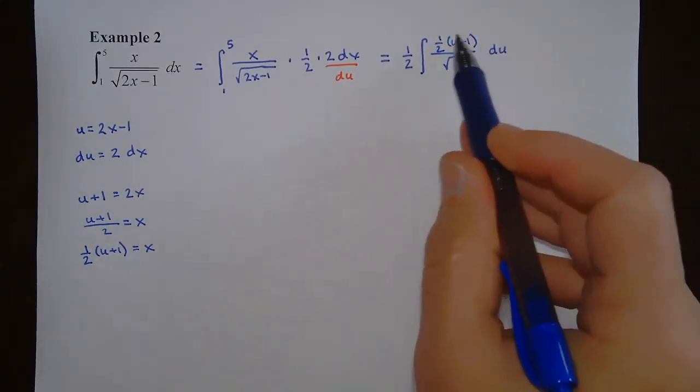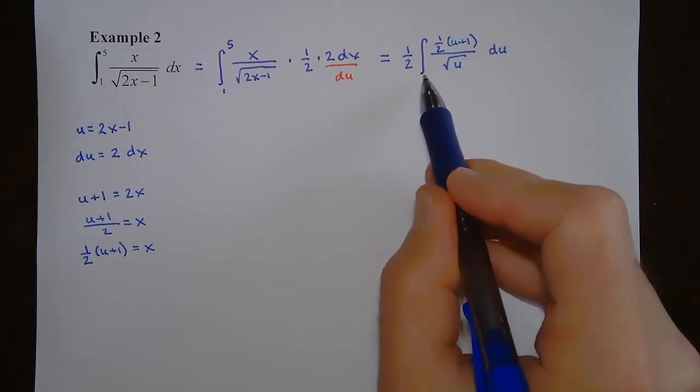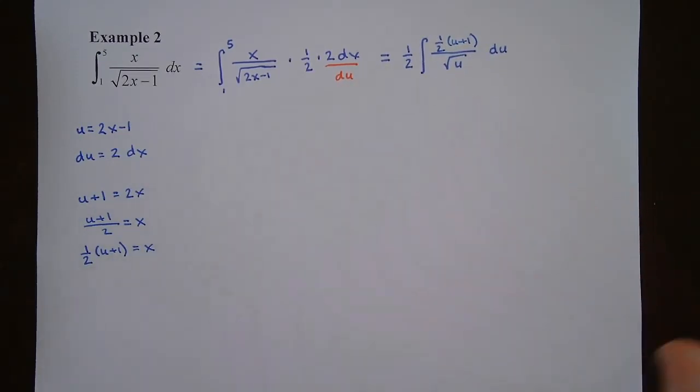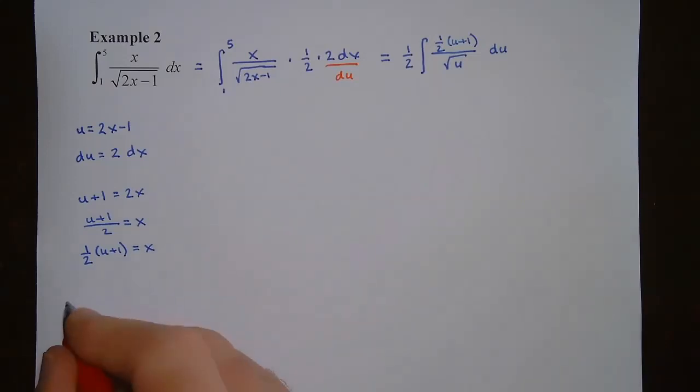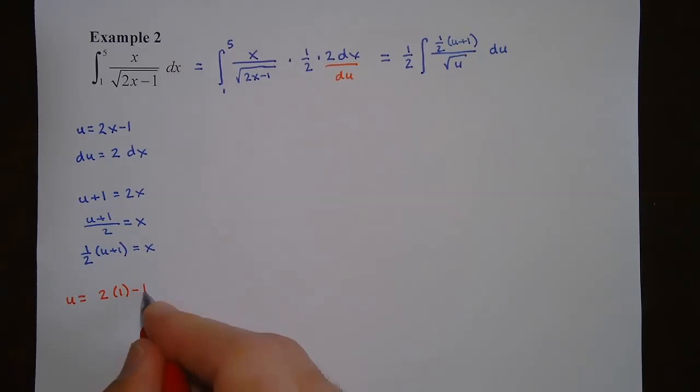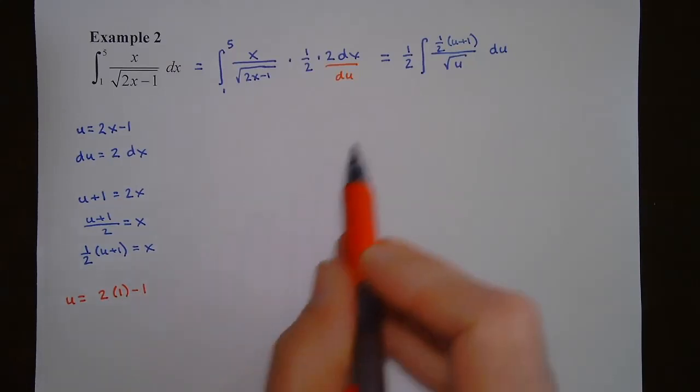Now, we've switched everything to u's, so that means I need to switch this lower limit and upper limit to u values, okay? So for the lower limit, u would equal 2 times the 1 minus 1. Okay, so u is 2x minus 1. That's where this comes from. And why am I putting in the 1?